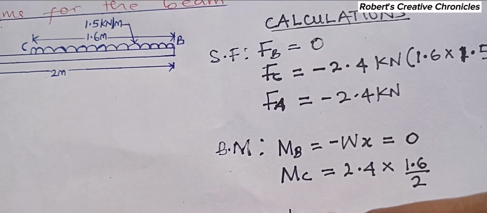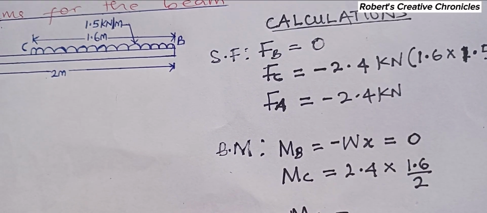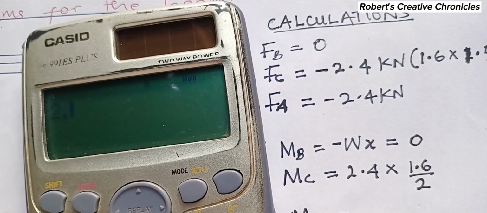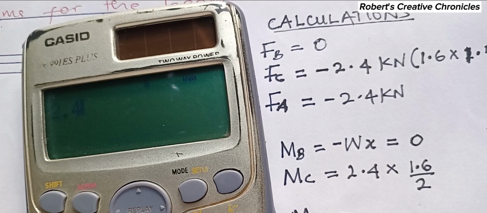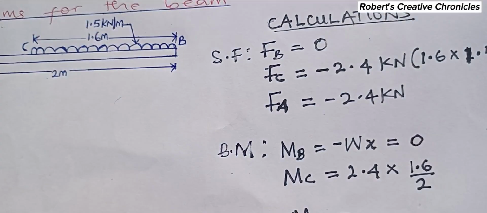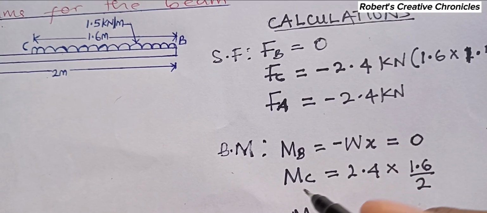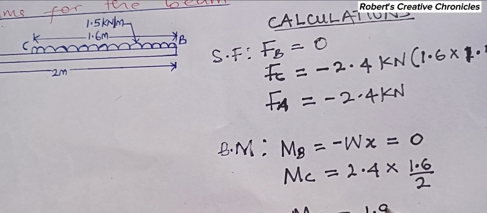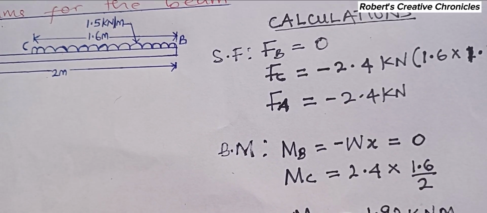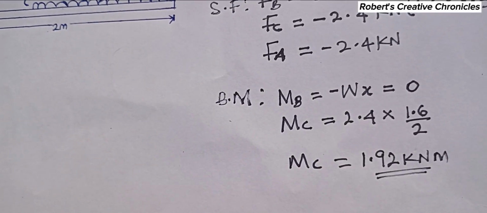So 2.4 times 1.6 over 2 is 1.92 kilonewton meter. Yes, so the answer is 1.92.